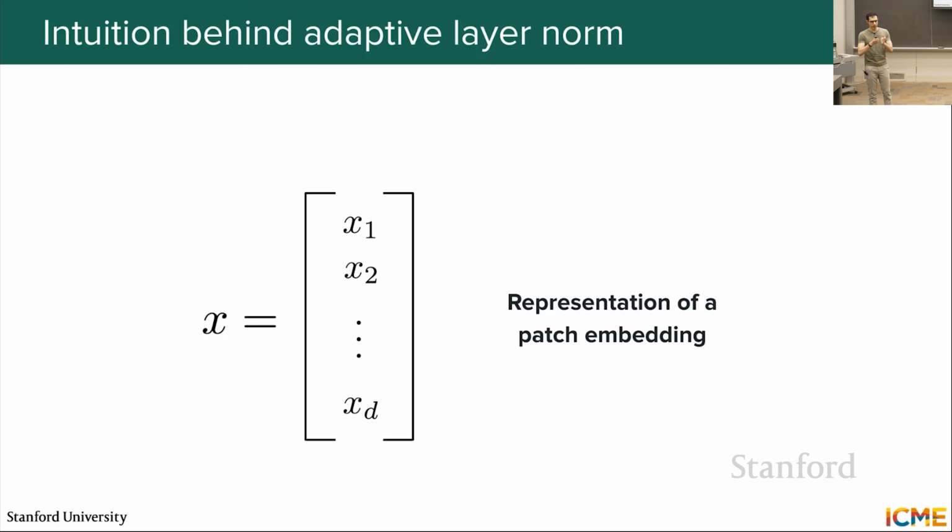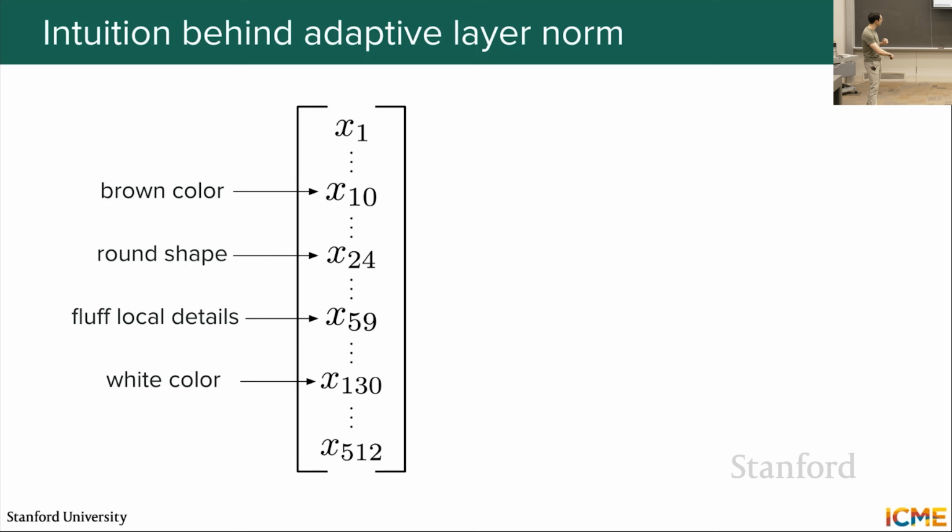I mentioned each patch can be represented by a vector. Let's assume that we can interpret this vector and say that a dimension is responsible for something and another one for something else, which may not be true. But for the sake of this example, let's suppose it is true. Remember, we're in the latent space, and we can have some semantic interpretation of the dimensions, so there is some truth to what I'm saying.